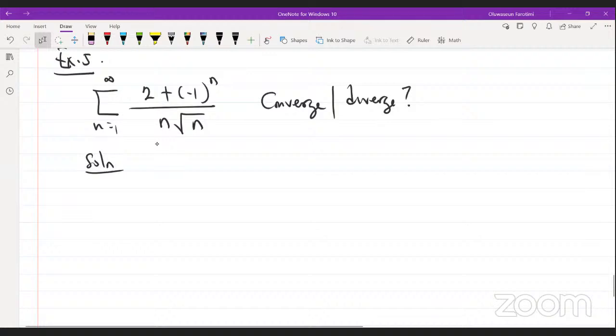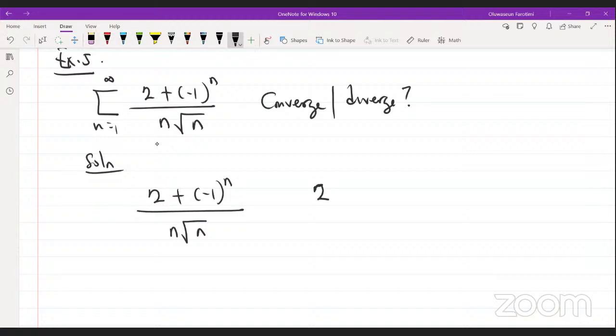Solution. You pick the nth term, you have (2 plus negative 1 to the power of n) divided by n times the square root of n. Okay, so take a look at the top, you have 2.